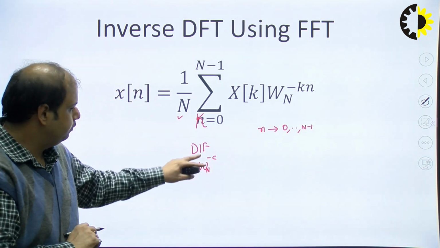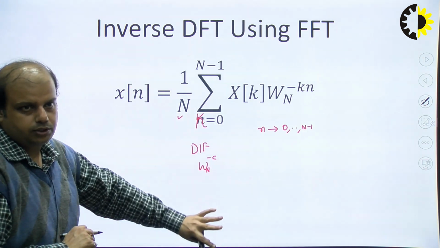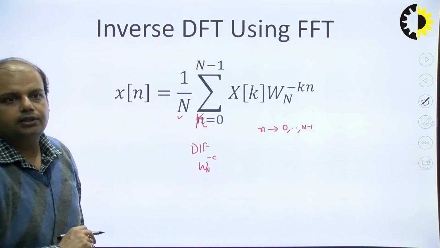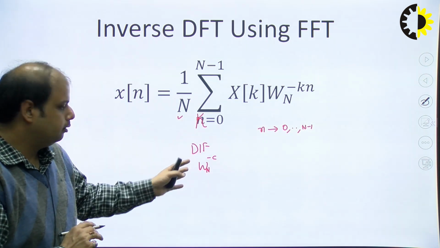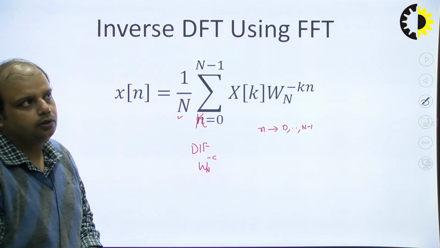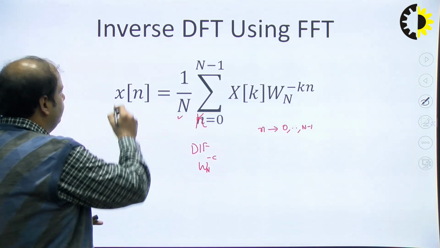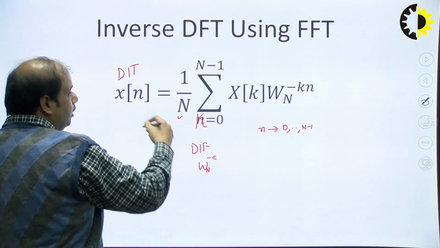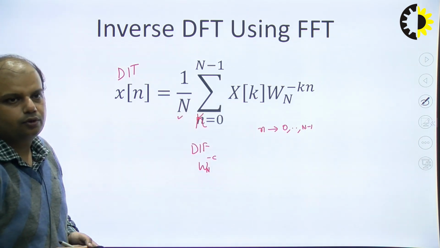The structure will be of DIF, which means the 4 and 4 stages will be here, then 2 and 2 stages, and then 1 stages in the last stage. 3 stages will be there for N equal to 8, of course, and the twiddle factors will be multiplied after the summing points, because it is a DIF structure. It will be DIT actually. It will be calculated using DIT, but since we are actually evaluating the inverse, everything gets reciprocated.